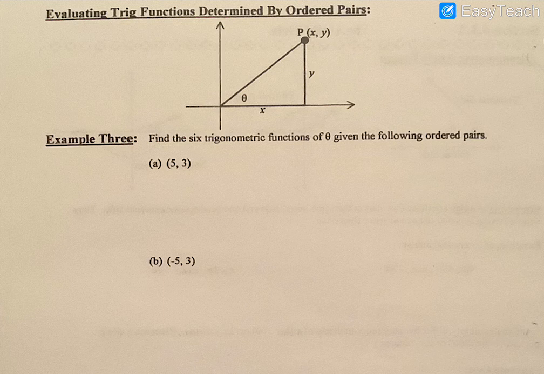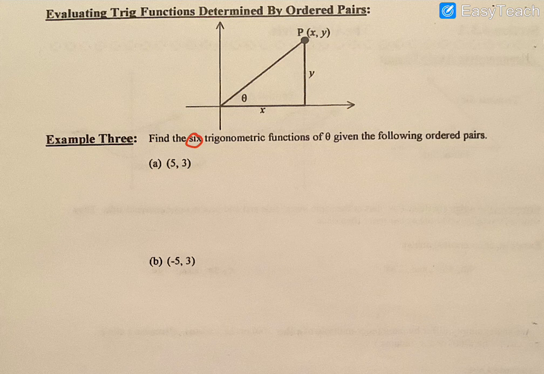On the back side, we are going to practice evaluating trig functions determined by ordered pairs. As you look at example A, it says find the 6 trigonometric functions of theta given the following ordered pairs. The ordered pair we're given is 5, 3.